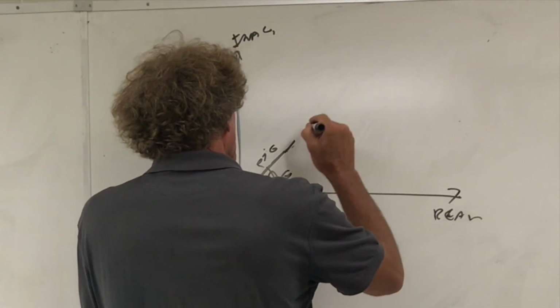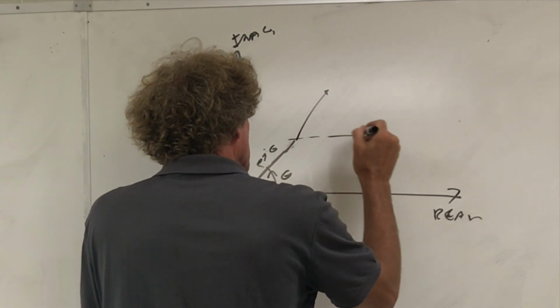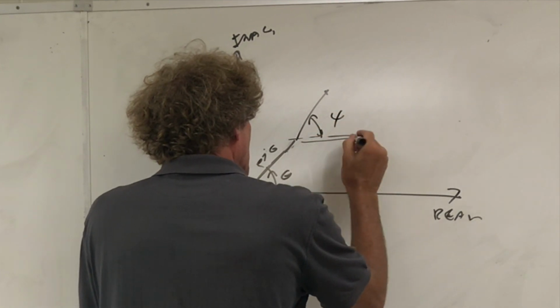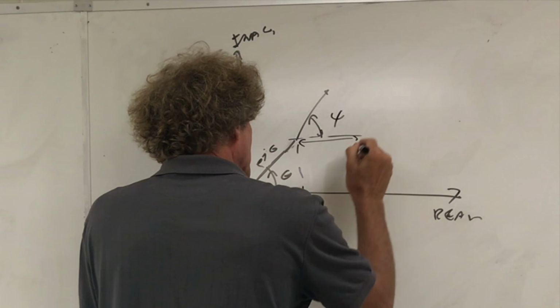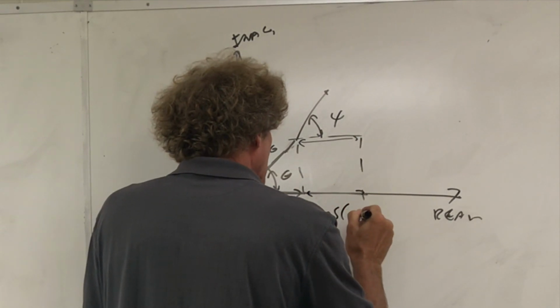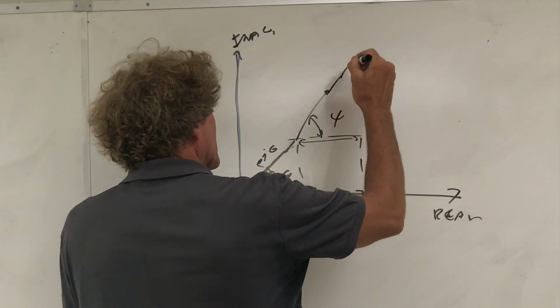Next, you're going to have something at an angle like this, and this is psi. This distance is going to be projected down here, and this distance is going to be cosine of psi. I'm trying to draw that right.